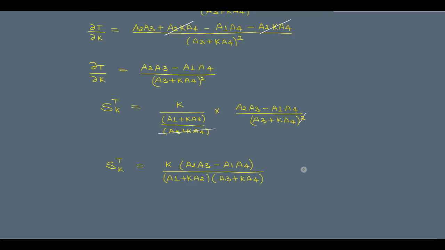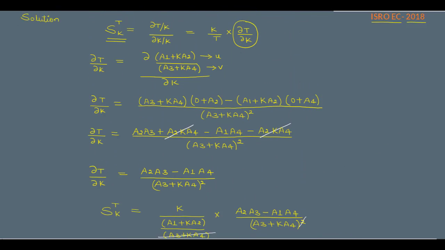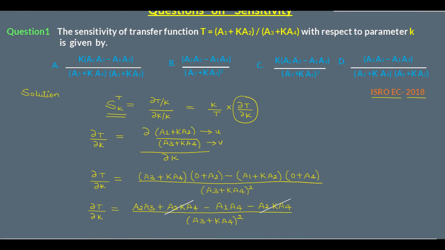So this is the final answer for this question, and if you check the options, this is nothing but option A. So the correct option for this question was option A.